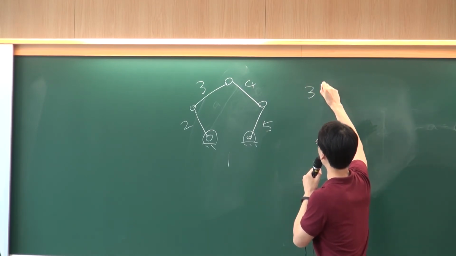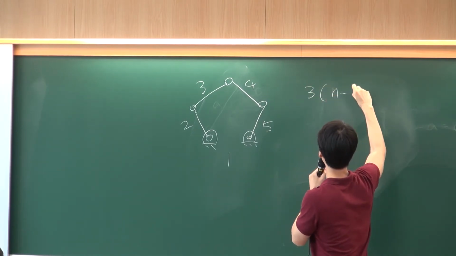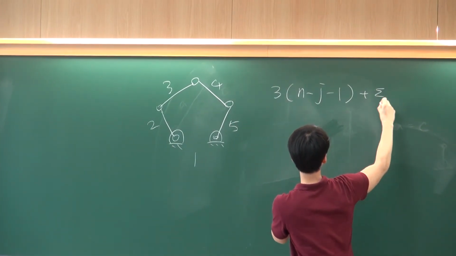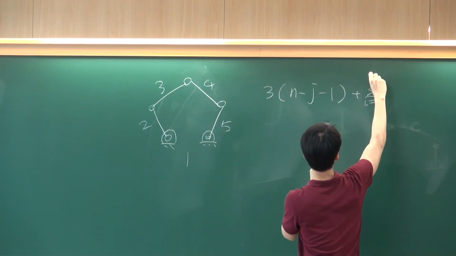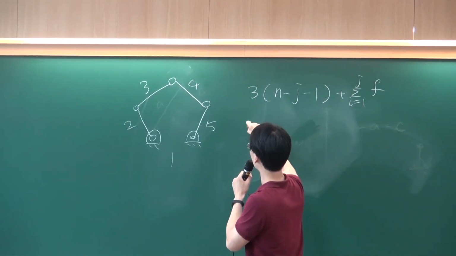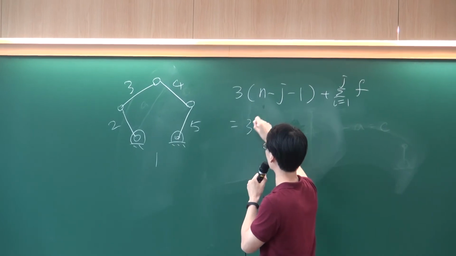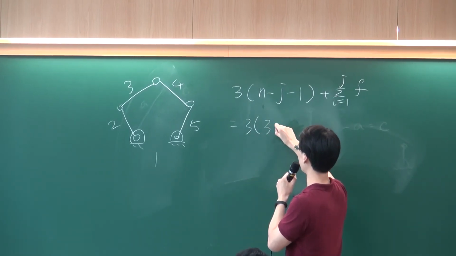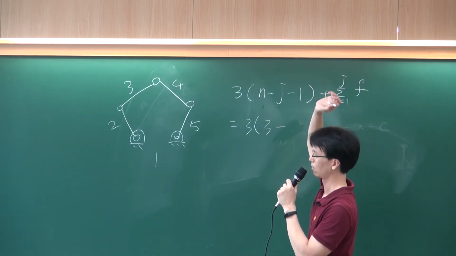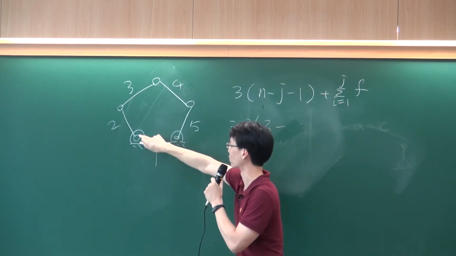Use the mobility equation, m = 3(n - j - 1) + summation of f_i from 1 to j. Right now we have 5 links, so 3 times (n minus, how many joints do we have? 5, right? 1, 2, 3, 4, 5.